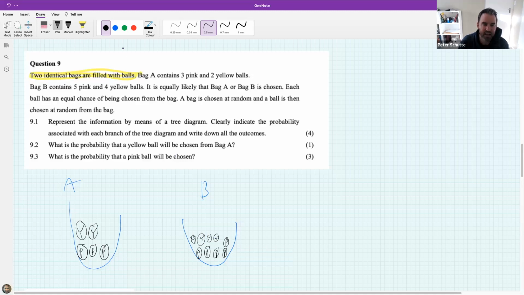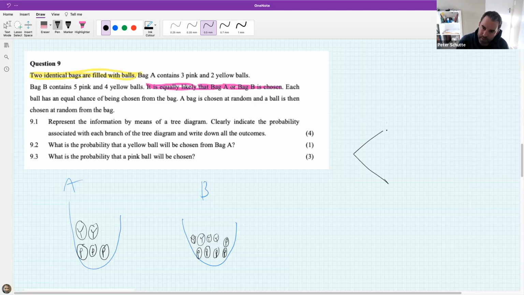Now, that is my setup. It is equally likely that bag A or bag B is chosen. So maybe I should just draw a quick little tree diagram.